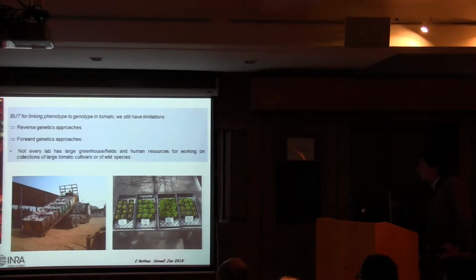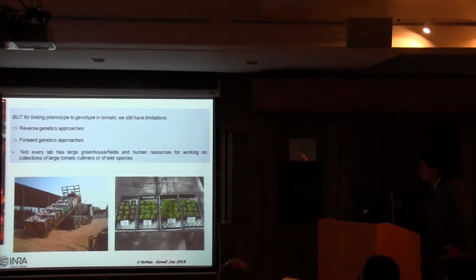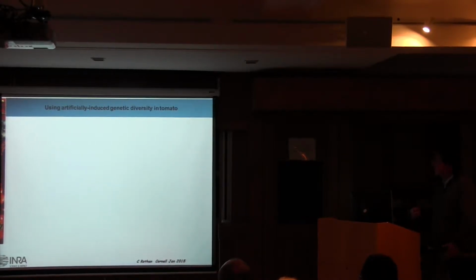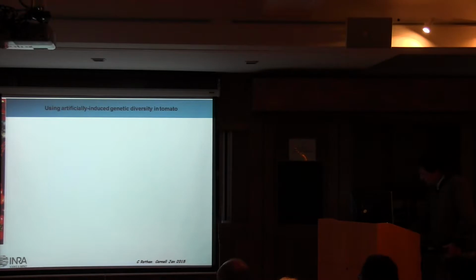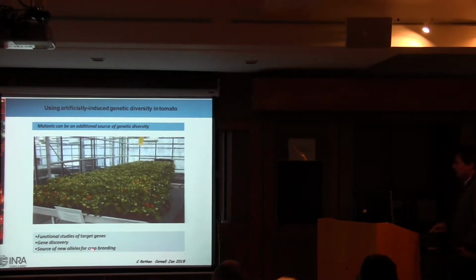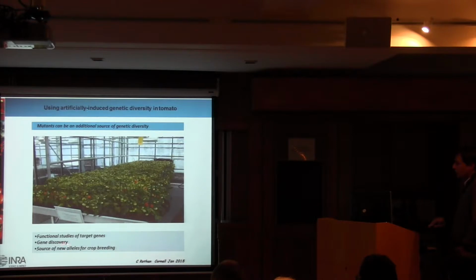So what we did, and we began that 10 or 15 years ago, is to develop artificially induced genetic diversity in tomato. For that we chose the miniature cultivar Micro-Tom. It can be a very nice additional source of genetic diversity for functional studies of a target gene when you have a candidate, for gene discovery, and I will show you how, or as a source of new alleles for breeding.